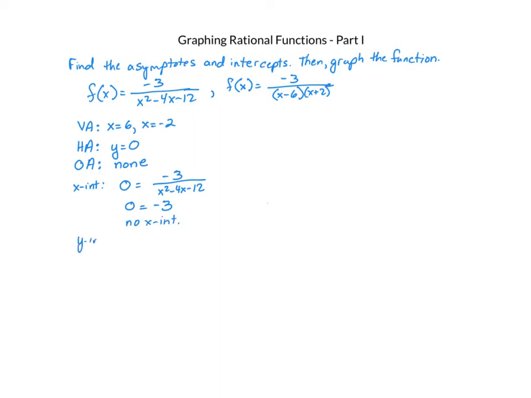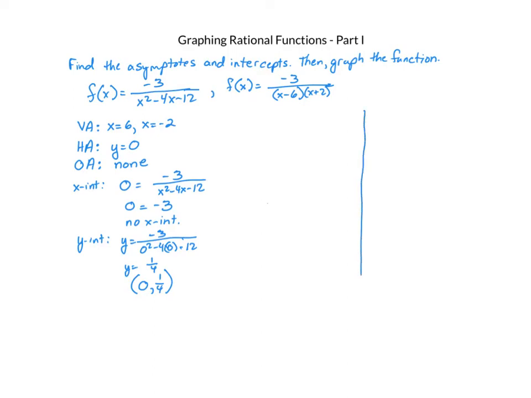Moving on to y-intercepts, you set x equal to 0, and we would have y equal to negative 3 over 0 squared minus 4 times 0 minus 12. That's negative 3 over negative 12, or 1/4. So let's write that as an ordered pair, 0, 1/4.